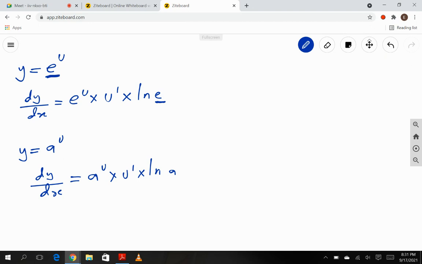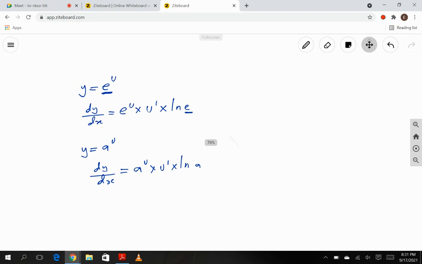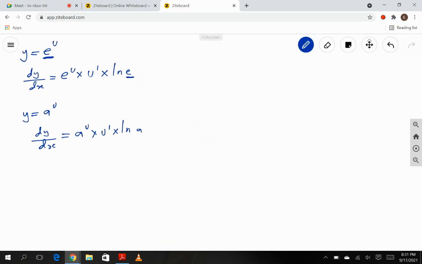So it simply means that if we are trying to figure out an answer to something like 2 to the power x, then what you would have to do is say 2 to the power u, so you have to devise what your u is.